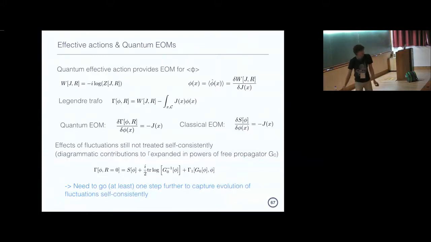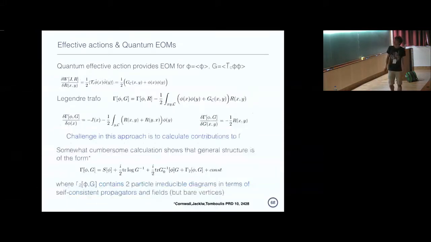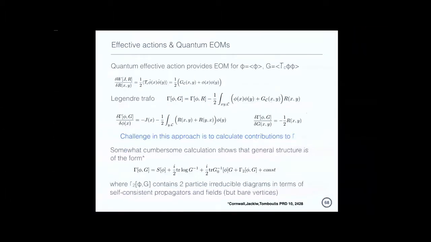So how can we go further? Well, we repeat the same trick. We now perform a second Legendre transformation with respect to this 2-point source that we had introduced. Previously, in the first lecture, there was a question, why did we introduce the 2-point source? Well, precisely for that reason, that now we can perform the Legendre transformation also with respect to this 2-point source.